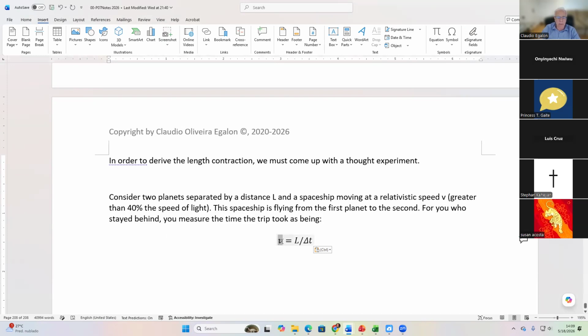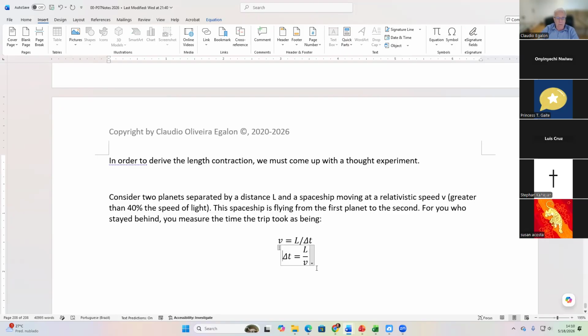You get the speed of the spaceship, get the length divided by delta t. And that's a straightforward calculation. No need to do any relativistic effects, because you are in a planet that is at rest with respect to the other planet that the spaceship is going to.